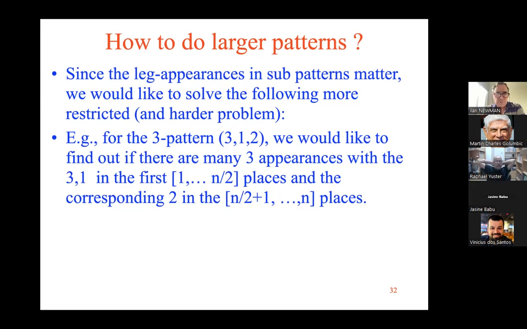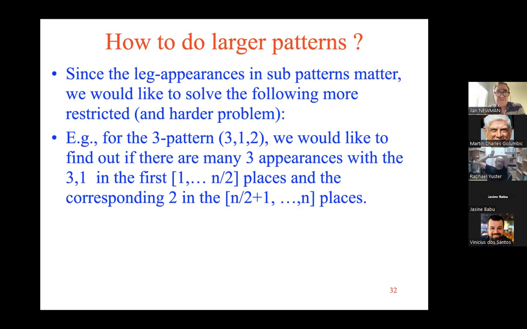I would want to find a 3, 1, 2 appearance so that the 3 and the 1 legs are in the first half of the domain points, that is in the 1 to n over 2 places, and the corresponding 2 of this appearance appears in the n over 2 plus 1 up to n places. Namely, I'm specifying more, I'm restricting more the places where the appearance might be.